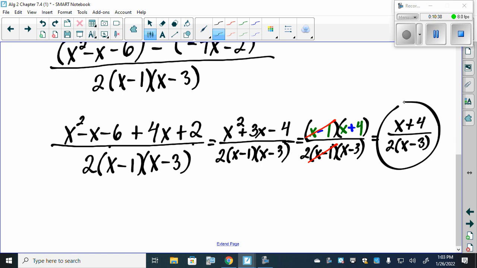Now, it's not going to always work out that the numerator will be factorable. And even if it is, we are not guaranteed that there's going to be something in common on top and bottom. But we still need to factor the numerator all the way out just to make sure that there's not. This is also why we don't multiply the denominator together.